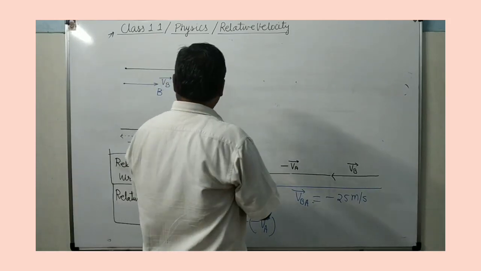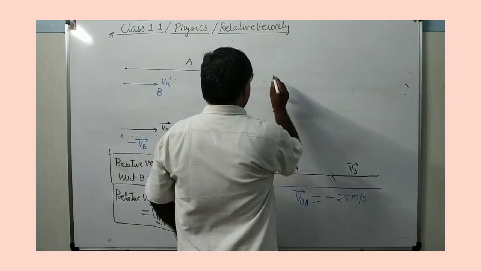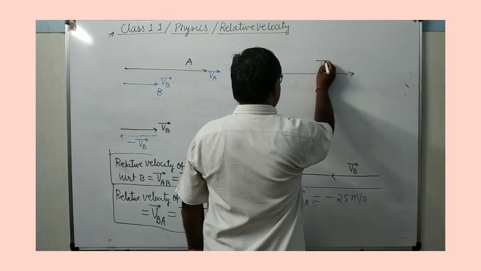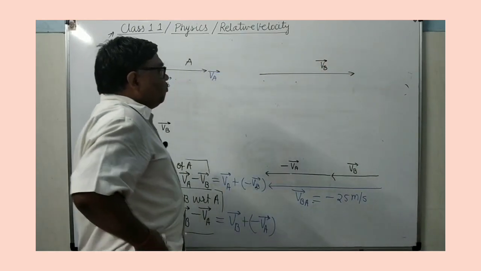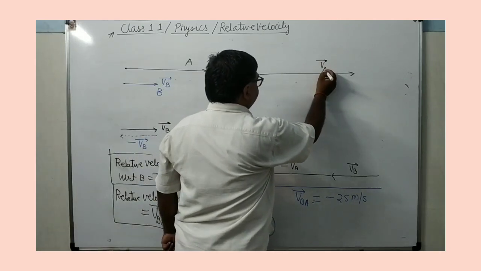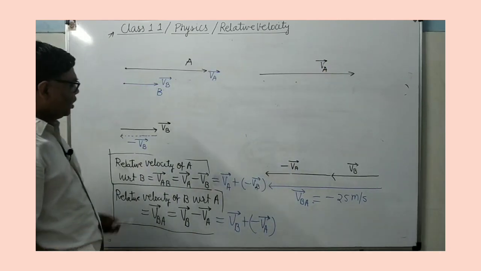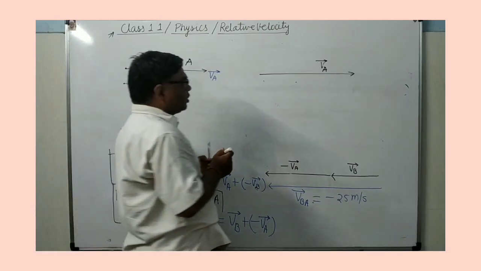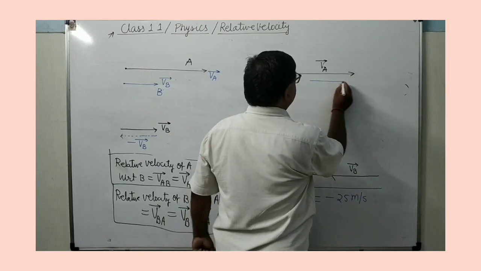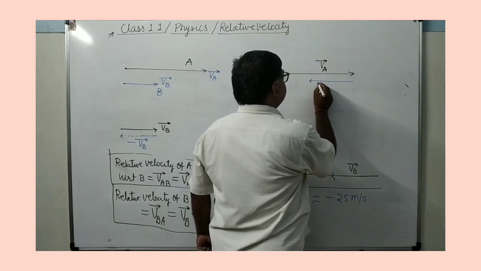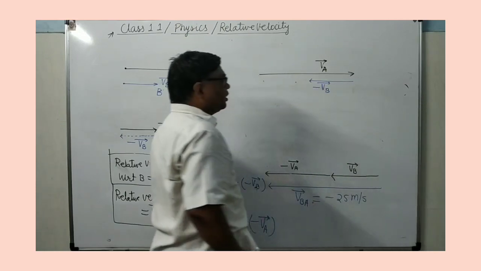You can see here, this is the velocity vector of A. From the head of velocity vector of A, you will add the negative velocity vector B. So negative velocity vector VB will be in this direction. What will be their resultant?